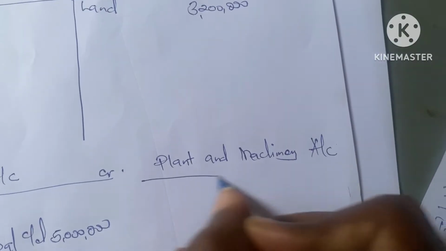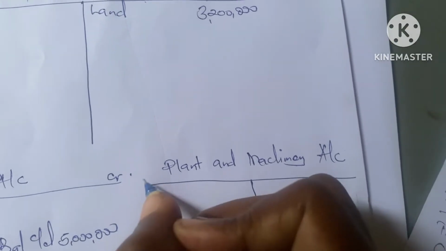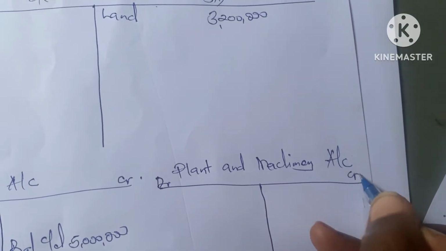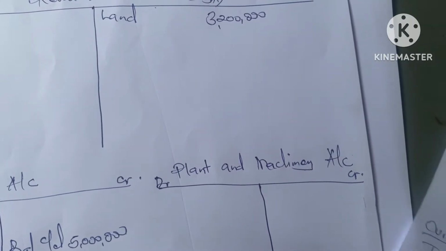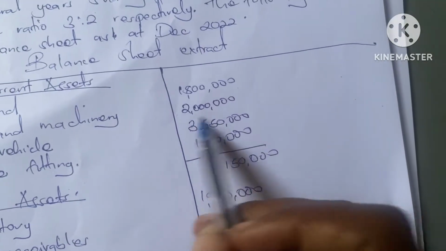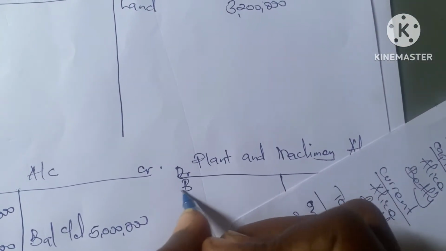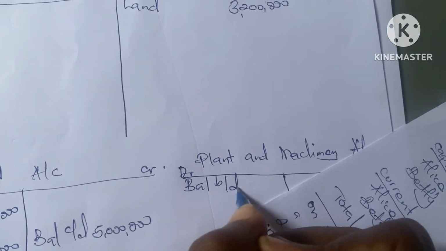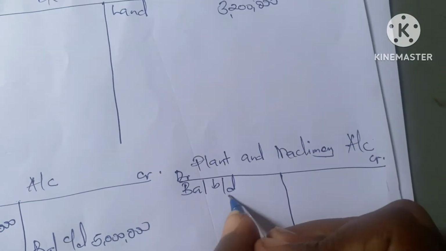Plant and machinery account, debit, and then credit. So the figure in the balance sheet, the 2M becomes the balance brought down.